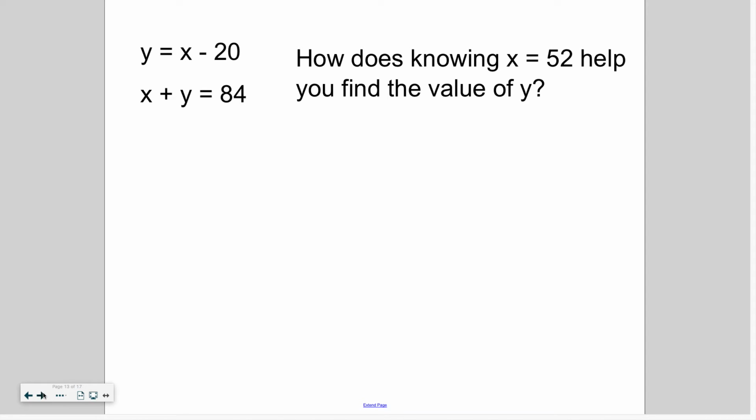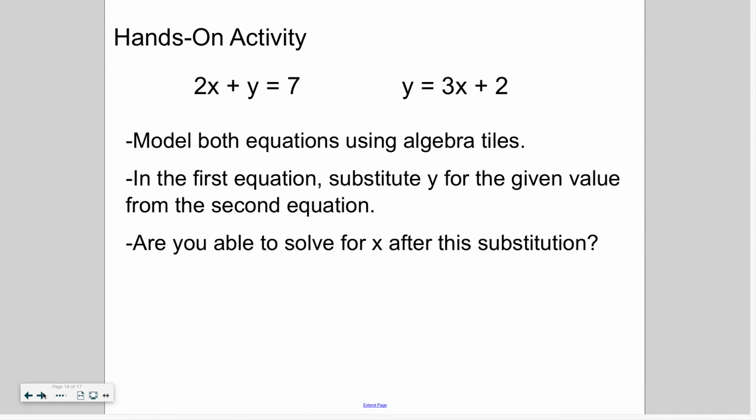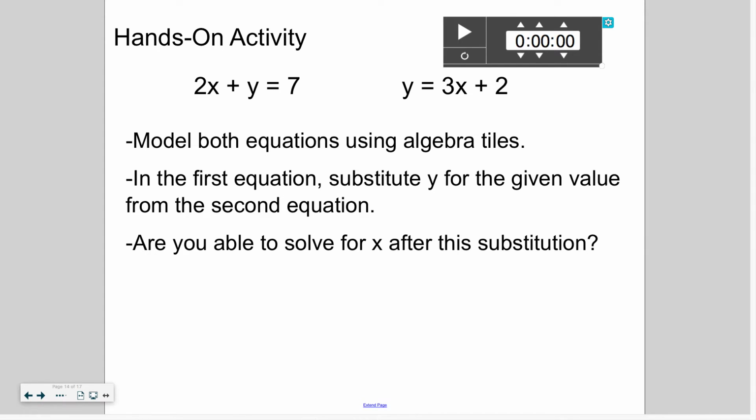We did that. All right. Okay, so now, hands on. We're going to use algebra tiles for this. Sometimes the idea of substitution is a little bit easier when it's hands-on.